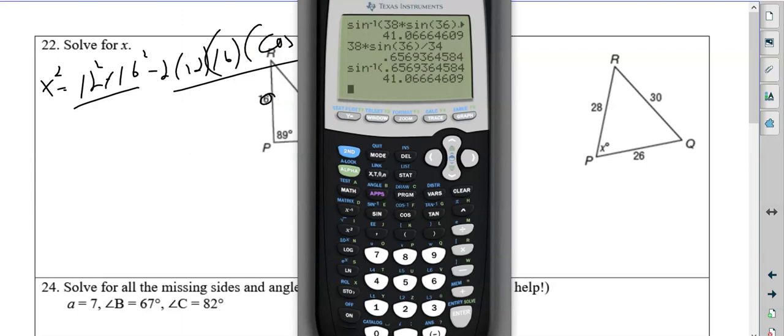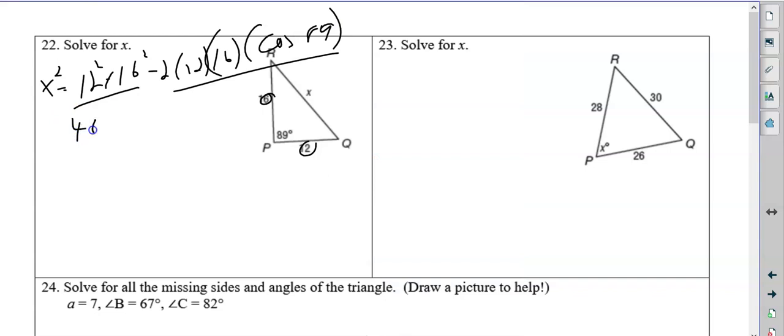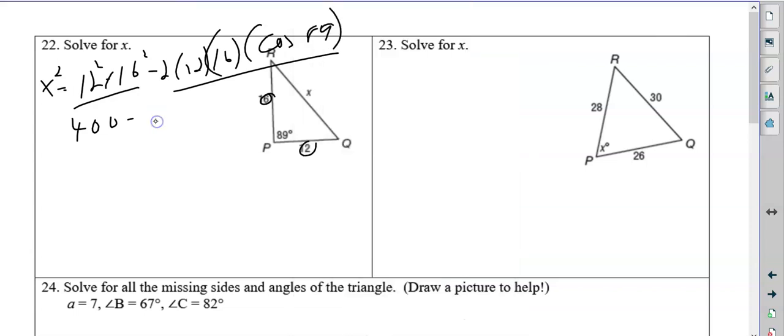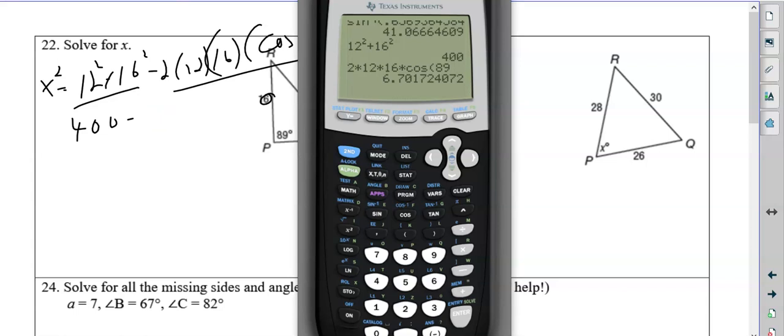So 12 squared plus 16 squared, 400, minus, and I do 2 times 12 times 16 times the cosine of 89. Okay, and that's 6.70.